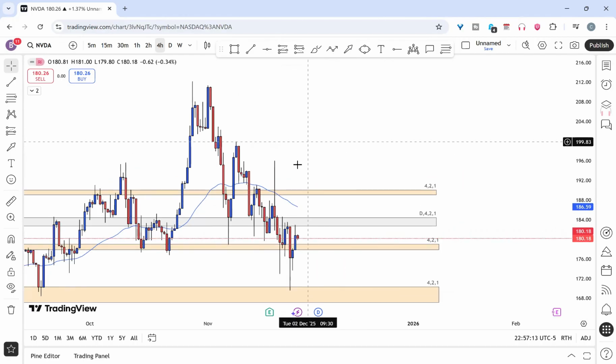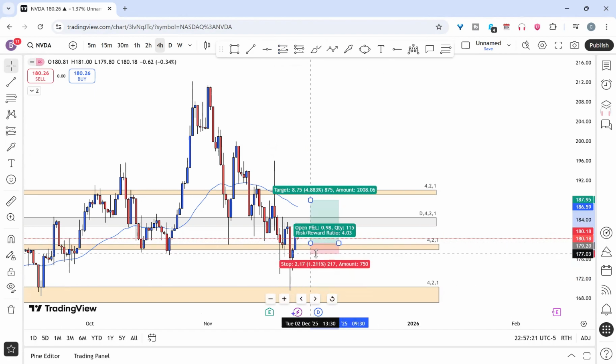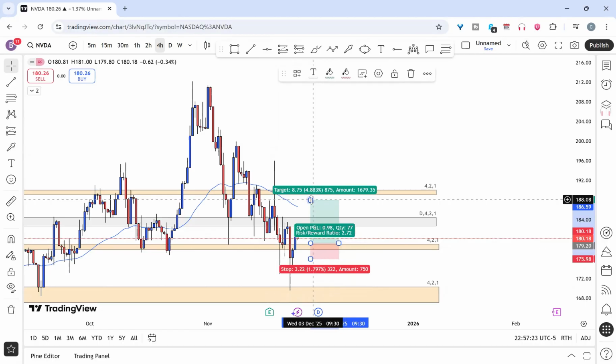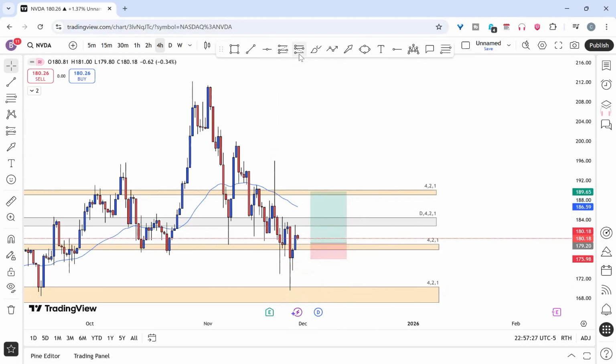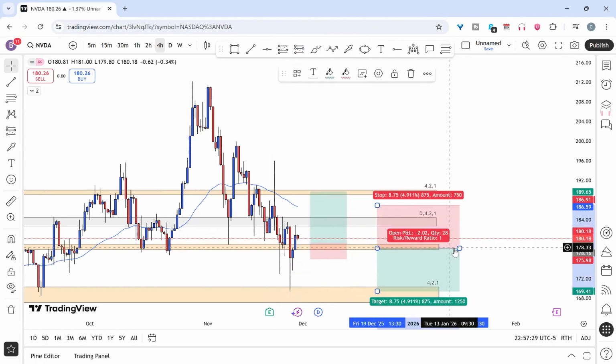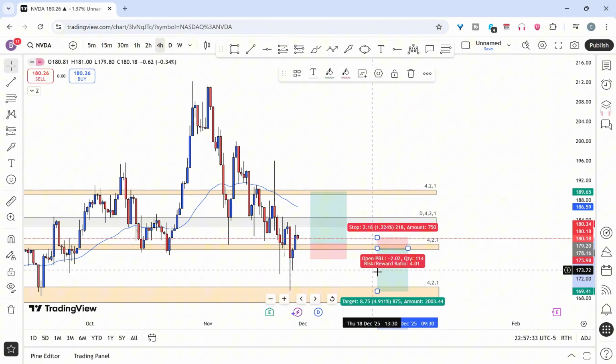So on the 4-hour time frame, what I can analyze is we either go for a buy, but we have to wait, or the second option is we are selling, but then the candle has to break through the support level of the 4-hour, 2-hour, and 1-hour time frame.